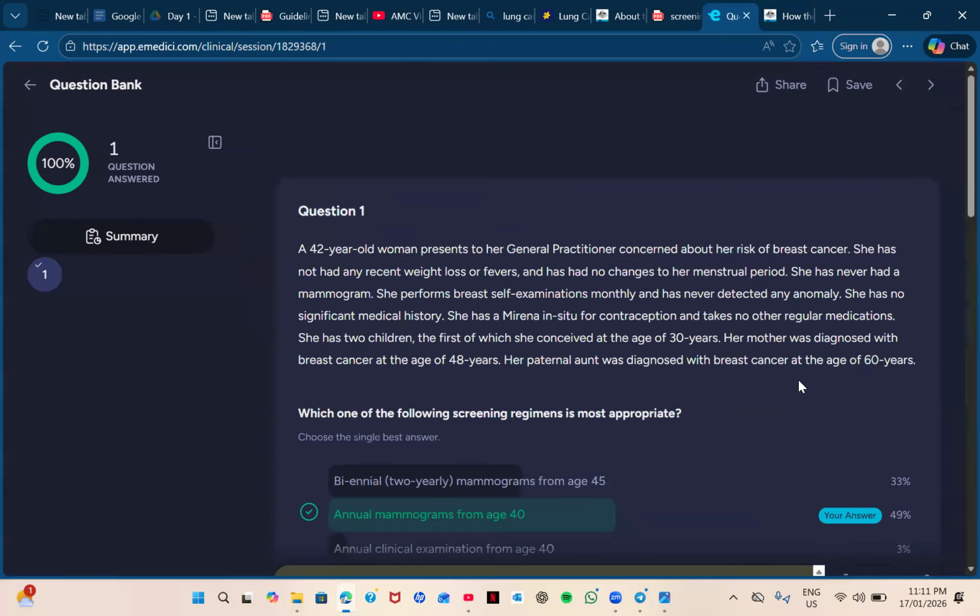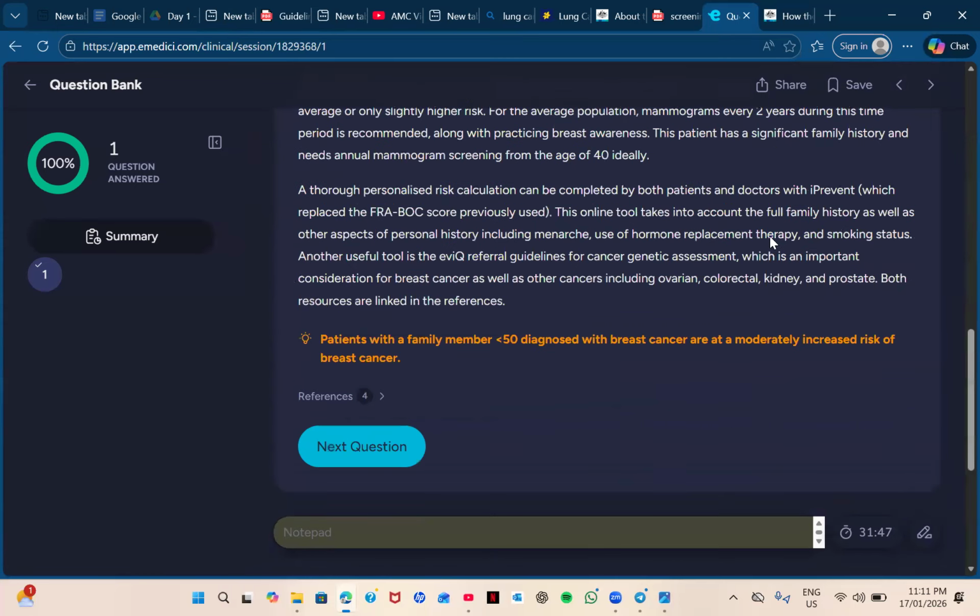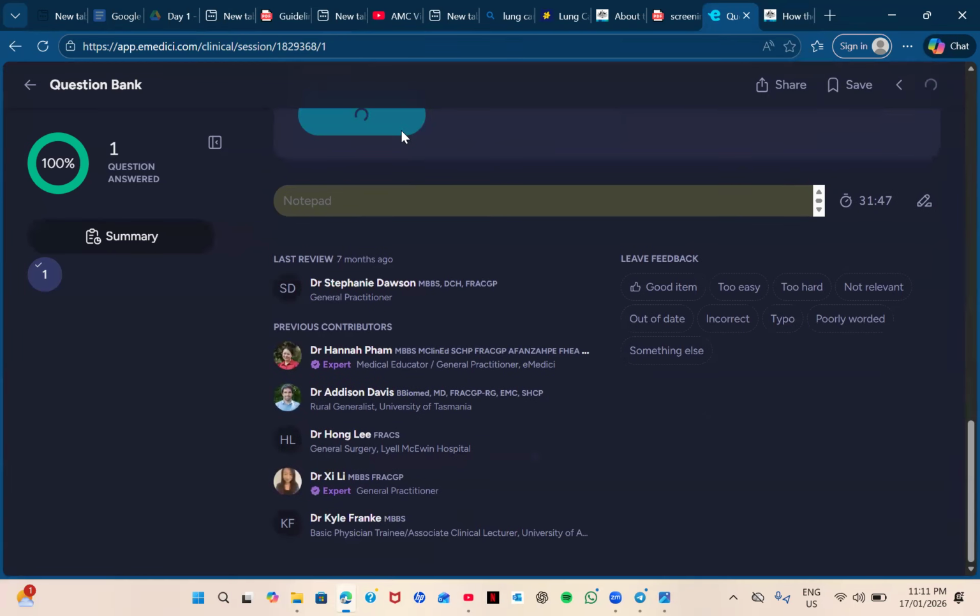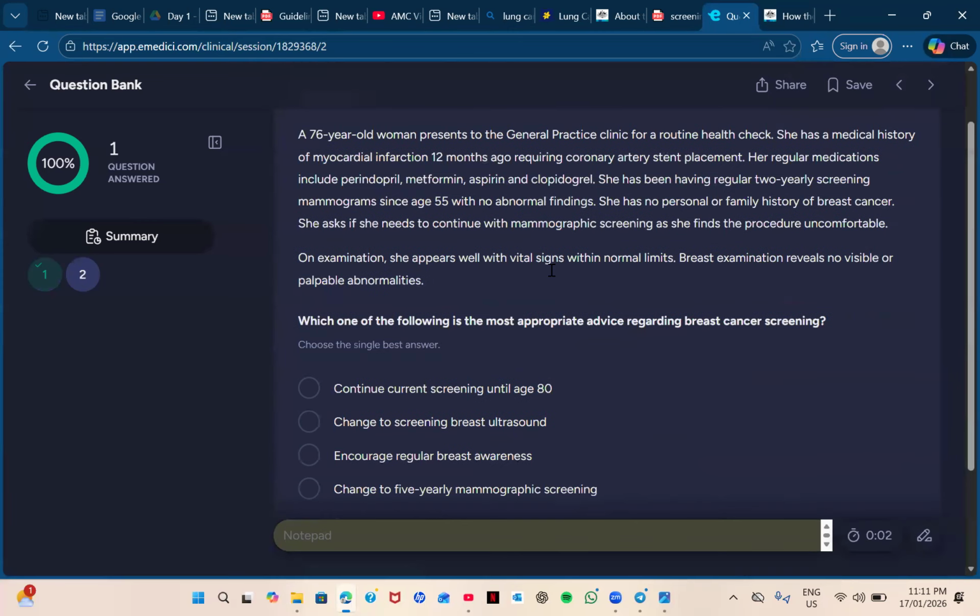So the next question. A 76-year-old woman presents to the GP clinic for a routine health check, and she has a medical history of MI 12 months ago, requiring coronary artery stent placement. Her regular medications include perindopril, metformin, aspirin, and clopidogrel. She has been having regular 2 yearly screening mammograms since age 55 with no abnormal findings.